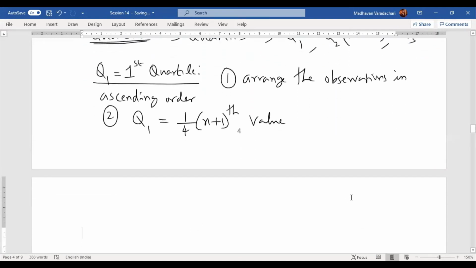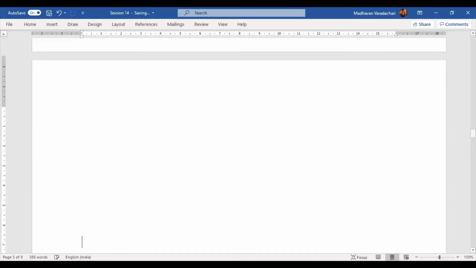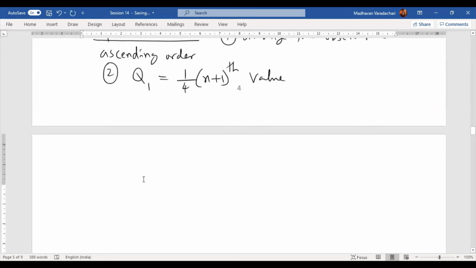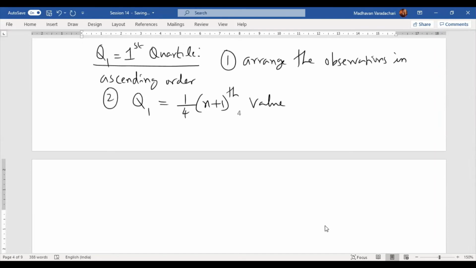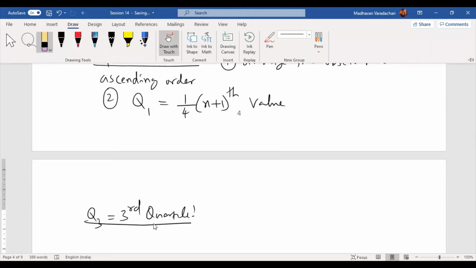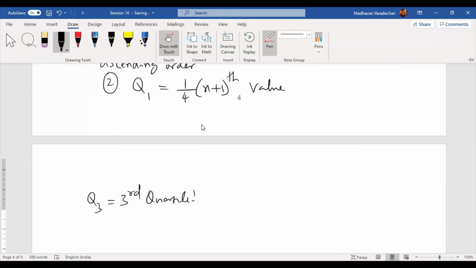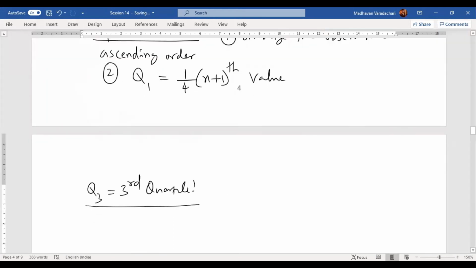Now let us write down what we mean by second quartile. I already told you second quartile is nothing but the median, so we need not write that formula. We can directly write third quartile. Step 1: arrange the observations in ascending order.